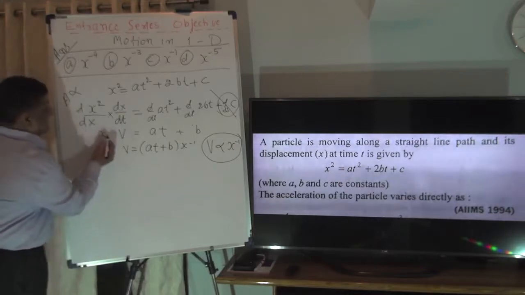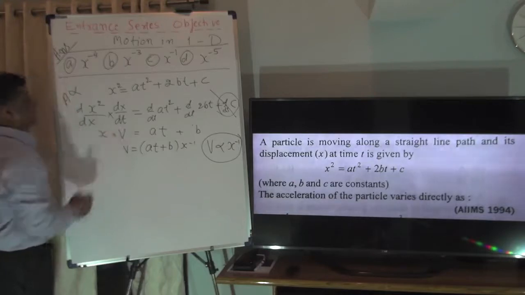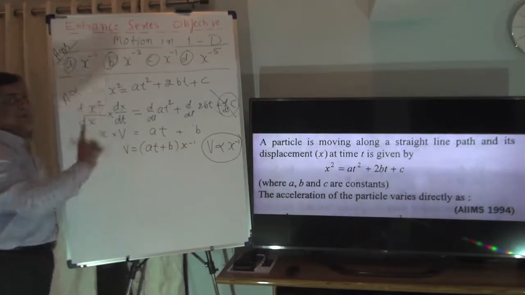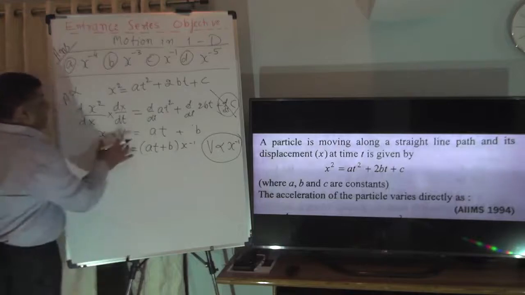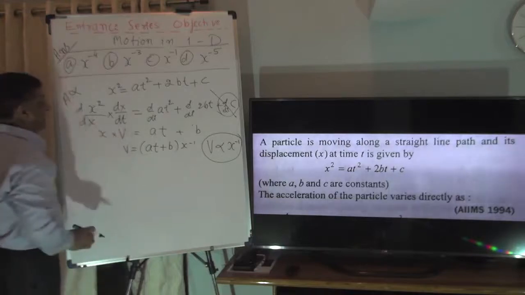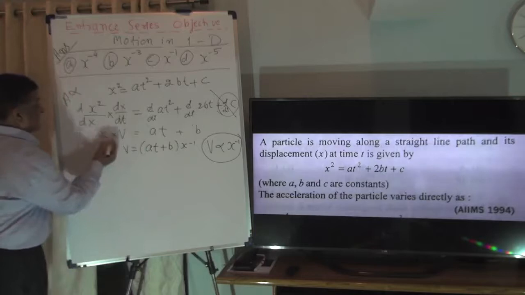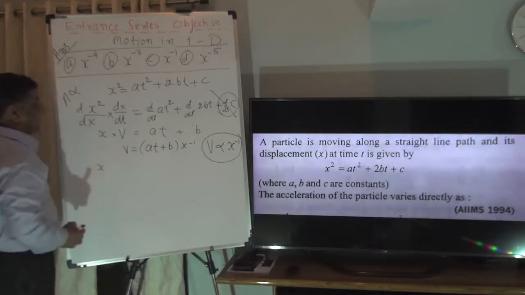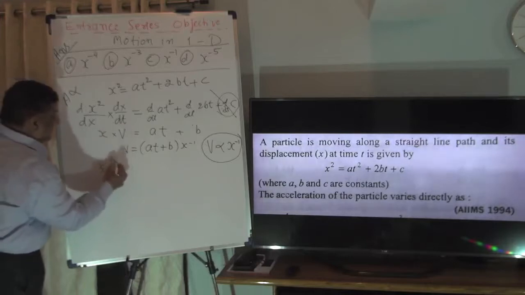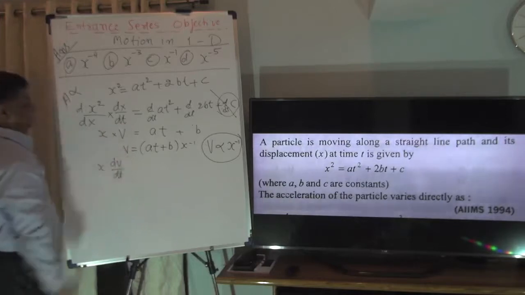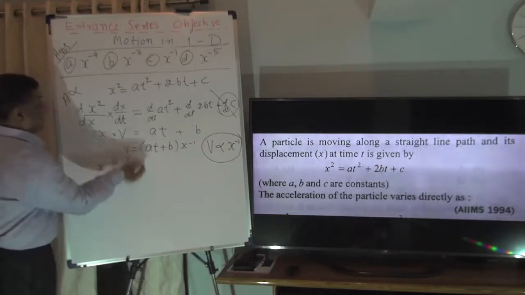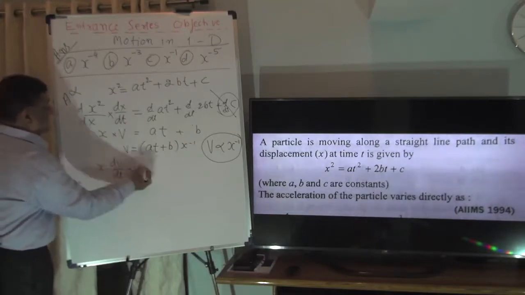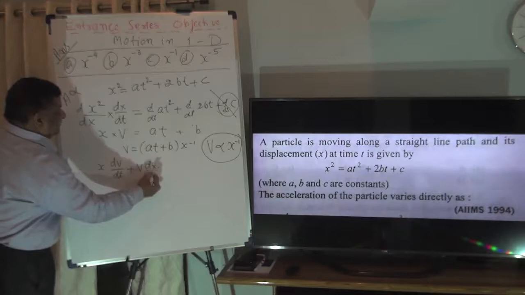Differentiate this. This is a product of two variables, x and v, both are variable. So, how do we get the differentiation of this? It will be with respect to t. First, let us say x is a constant and differentiate v: x dv by dt, plus, now v is a constant and this is dx by dt.